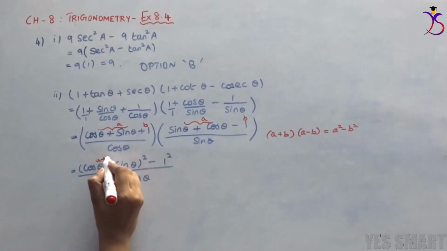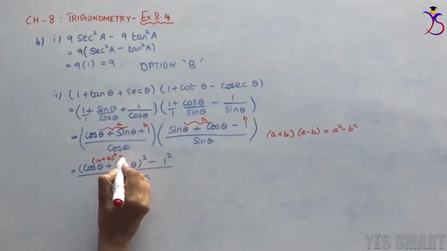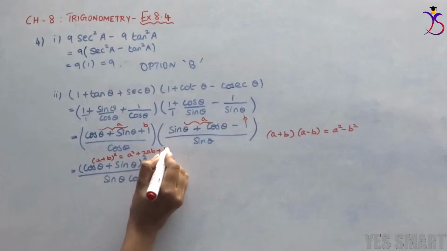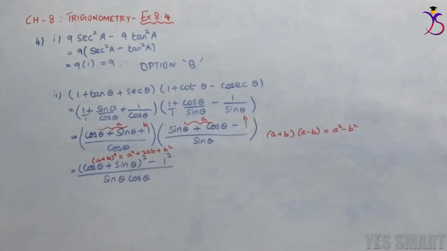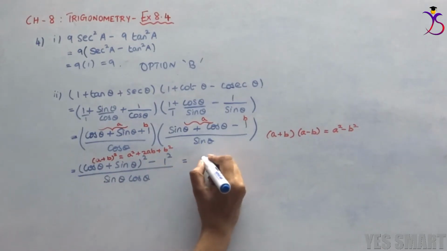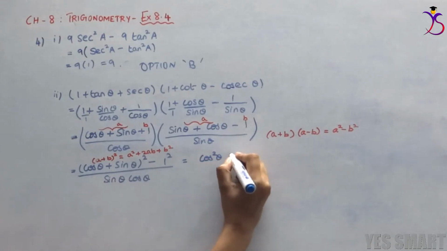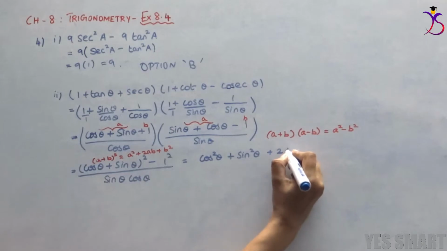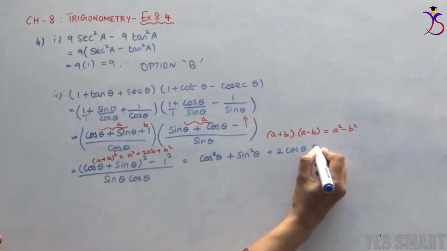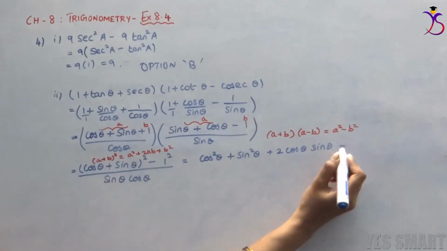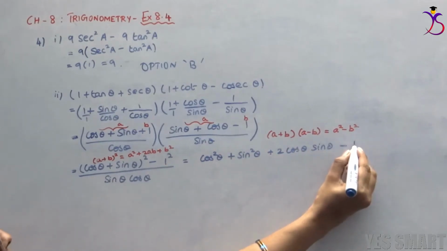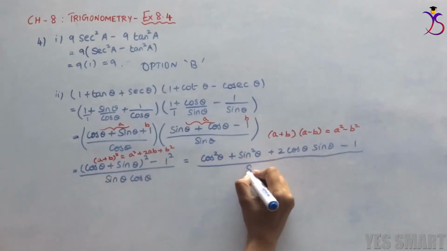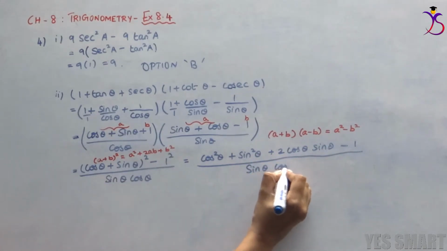Again in the numerator, this represents A plus B the whole square, which is equal to A square plus 2AB plus B square. So I am expanding the numerator using this identity, which is cos square theta plus sin square theta plus 2 into A into B, minus 1 square is 1, divided by sin theta cos theta.